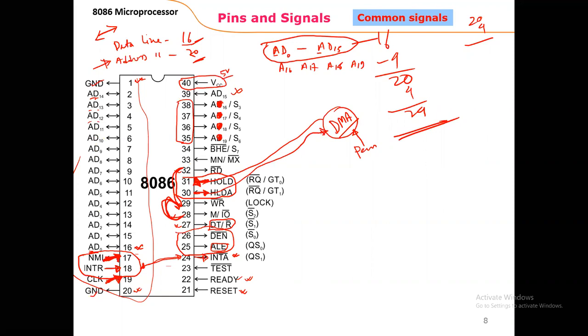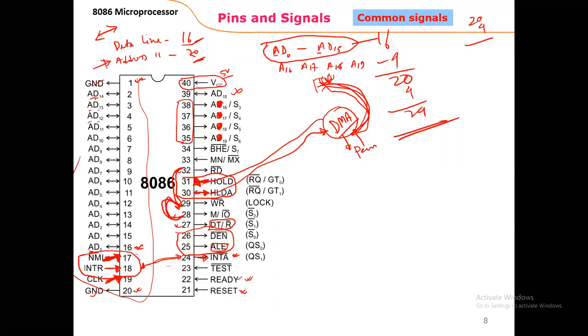Then DMA acknowledges the pen drive: now you transmit your data using this data line, from pen drive to hard drive. The DMA controller controls this section. All are clear?